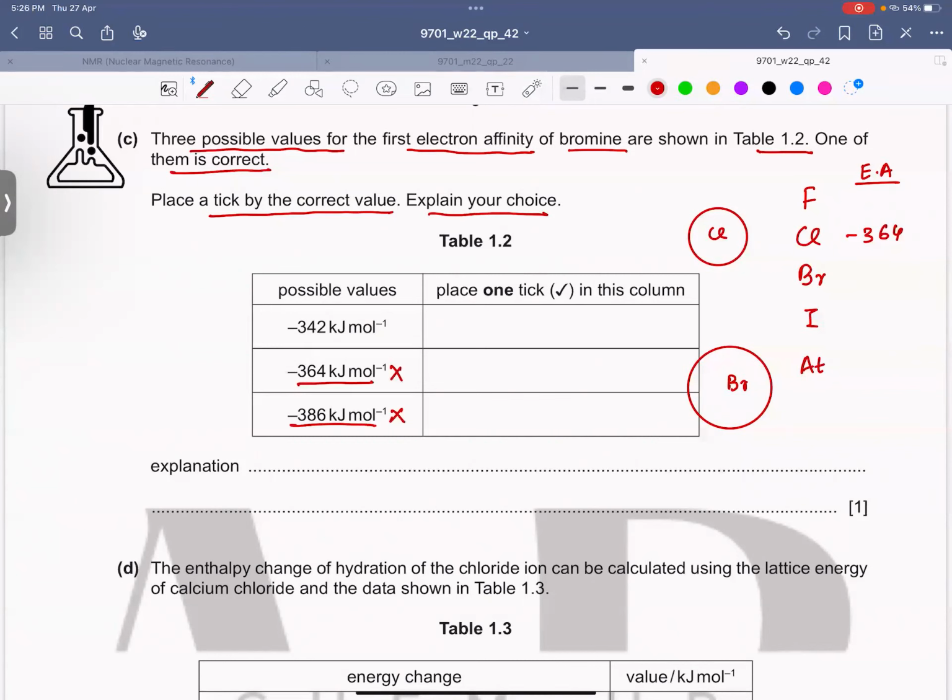So this one is the correct one, because here a lesser amount of energy is being released. So I would put a tick here, and the explanation is that bromine is bigger in size than chlorine. Yes, is this understandable to everyone? Yes, sir.